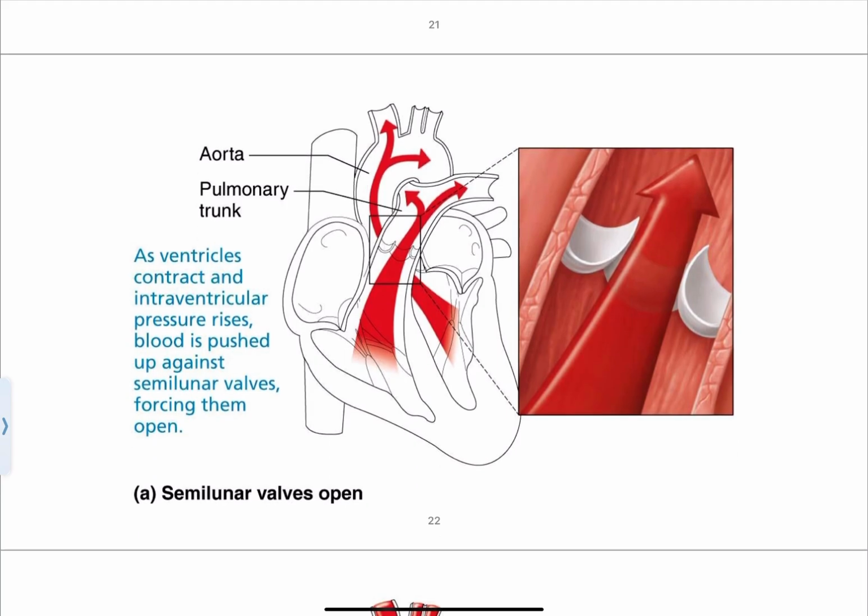This step was on a second slide. So the ventricles contract, the valves connecting the ventricles and the atria close, and at the same time, the semilunar valves open so that we can send the blood in our ventricles out to the major arteries that we need to: our pulmonary trunk and then our aorta.